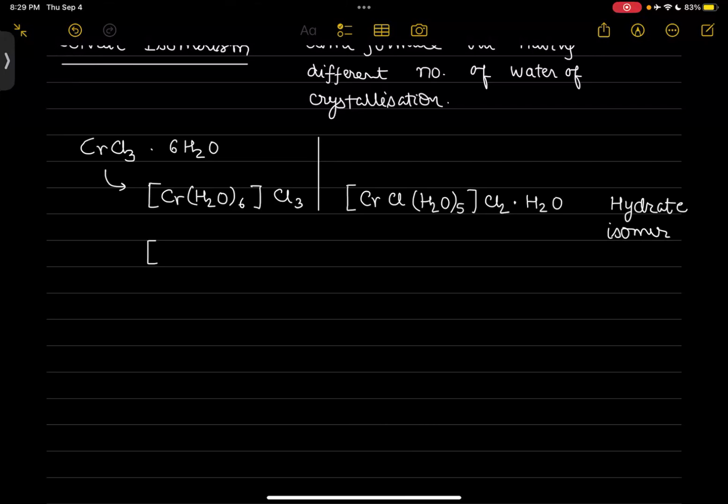So now we have Cr, Cl2, we have taken two chlorido inside the square bracket and two water molecules outside, H2O4. The coordination number is going to remain 6 only, so now only 4 water molecules can stay inside.